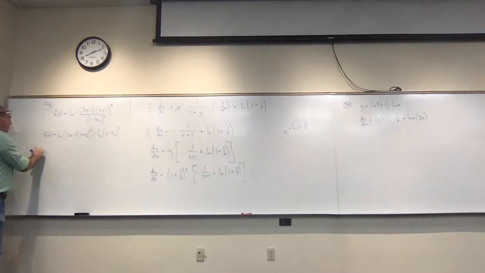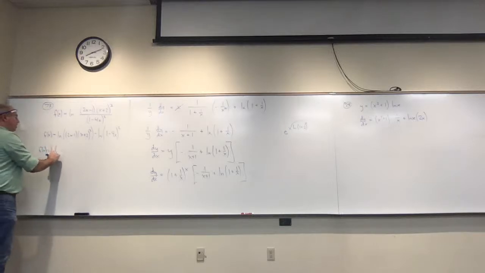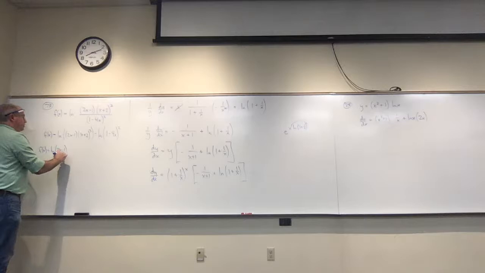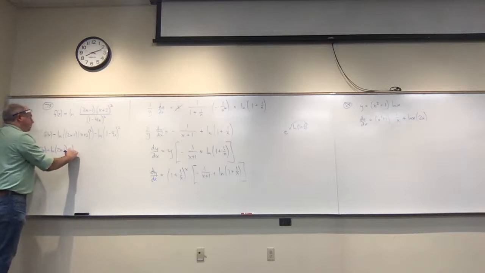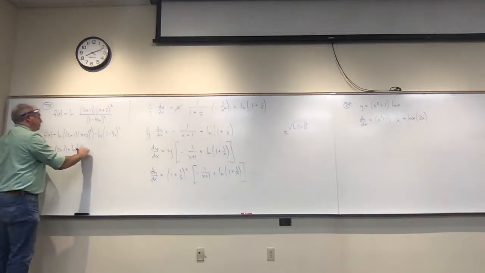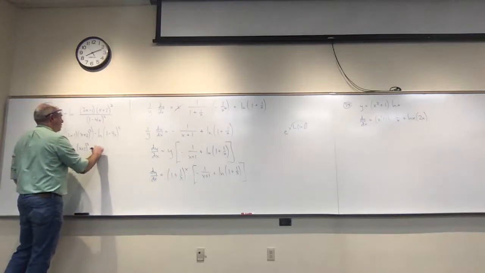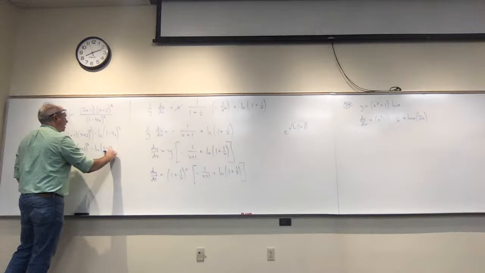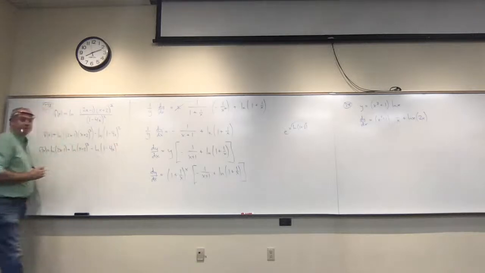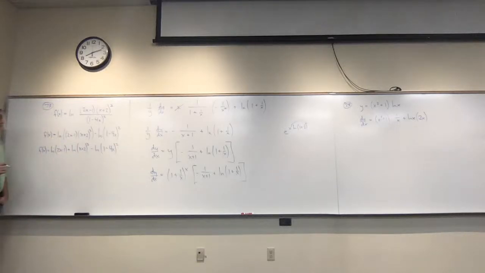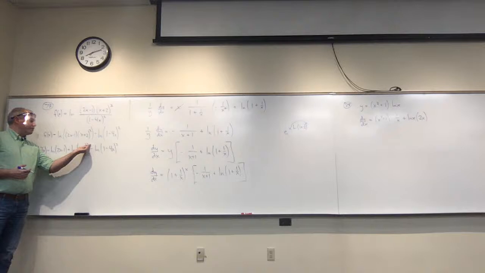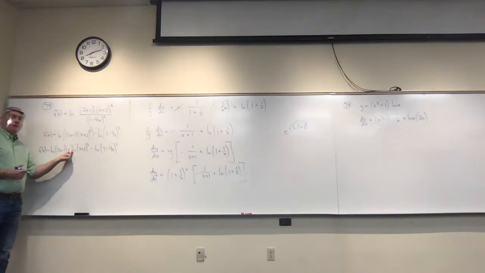So I could write this as f of x is equal to ln of (2x minus 1) plus ln of (x plus 2) cubed minus ln of (1 minus 4x squared). And I could even go one step further before I start taking the derivative, and that is that these powers could drop down in front of the ln.